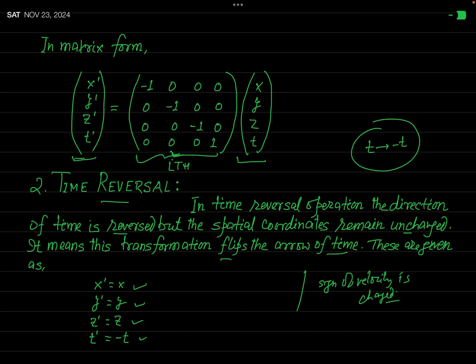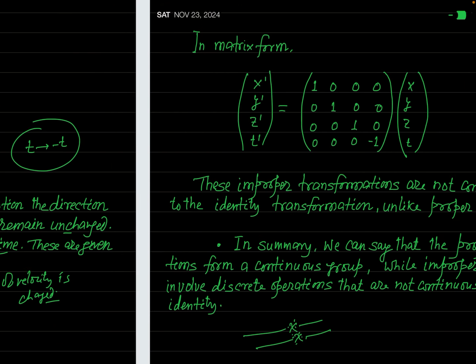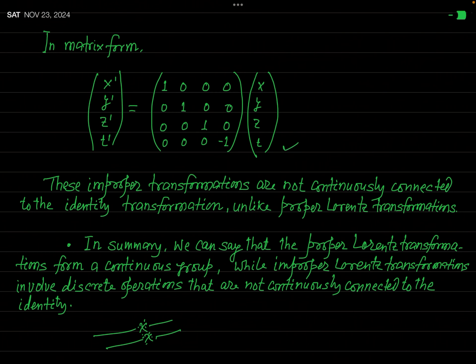But in time reversal, the sign of the space coordinate does not change, but there is a flip of the arrow of time. Okay, so this is just the reverse process of the parity. So again this transformation in matrix form you can write like this.